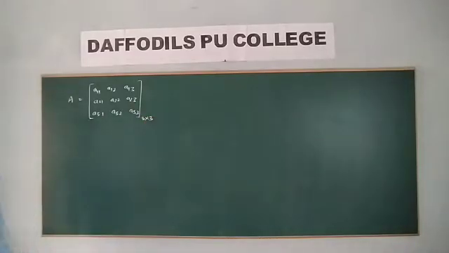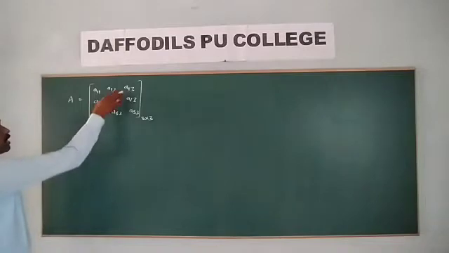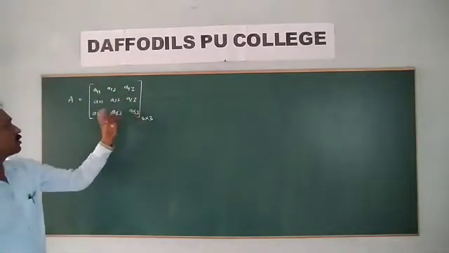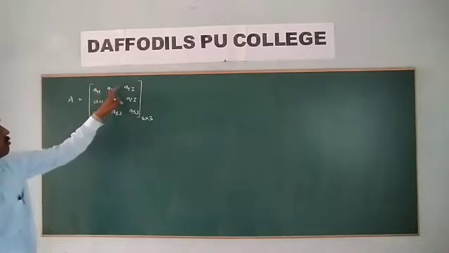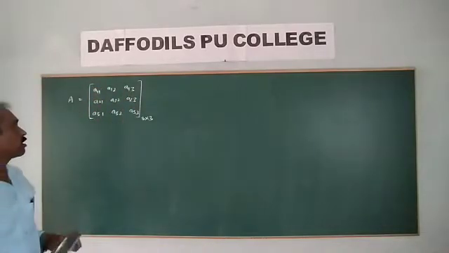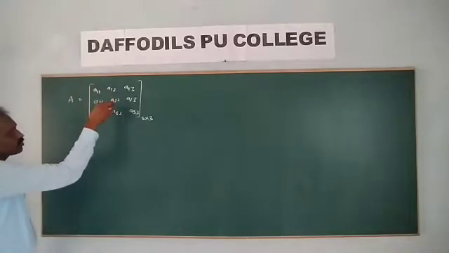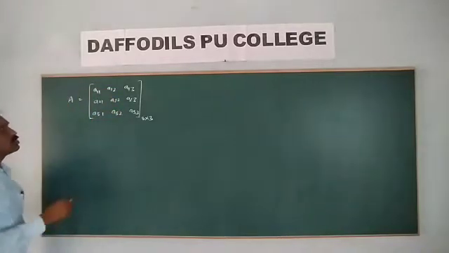To find the determinant of a 3 by 3 matrix, we go step by step. There are first row, second row, third row, and first column, second column, third column. We can take the determinant along the first row.